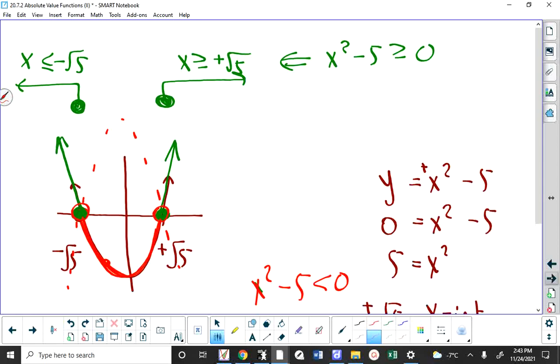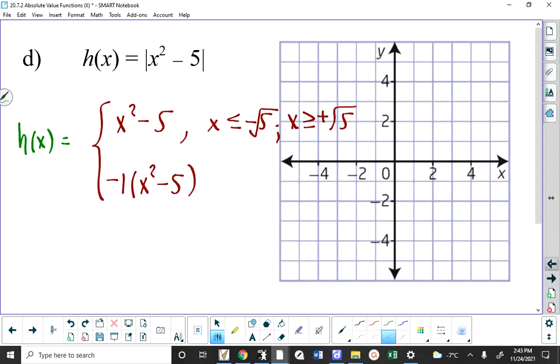If I multiply x squared minus 5 by negative 1, it would do this. So that bottom part of the parabola is being multiplied by this negative 1 every place x is between negative root 5 and positive root 5. And you will probably notice that in the process here, I've basically given you the picture of the graph.